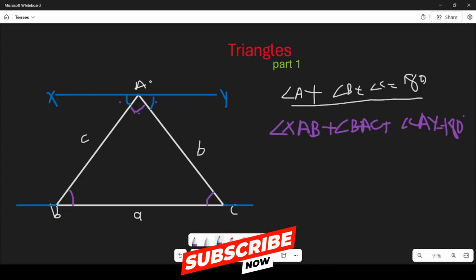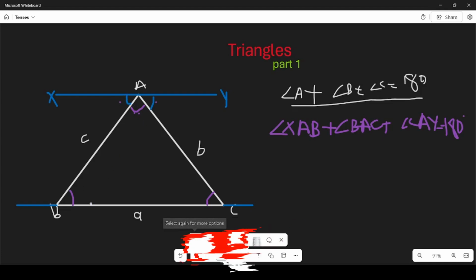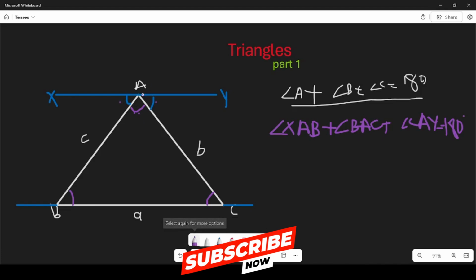As you can see, this line is a transversal. Now when this line is a transversal, we know that this angle and this angle are alternate interior angles and they're always equal.